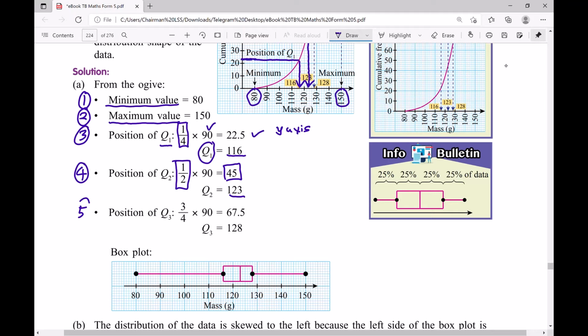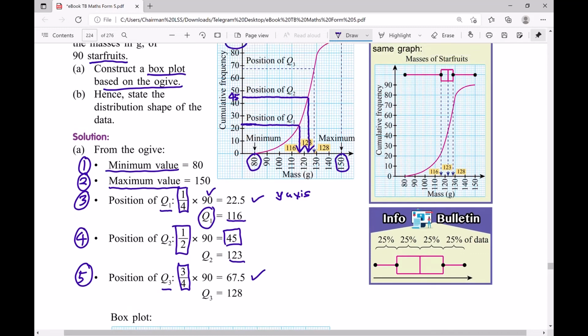Remember, we have to have 5 values. The last one is the third quartile. Use this formula times the total frequency, you have 67.5. The position is 67.5 here, and then you can find the value here. It is 128.